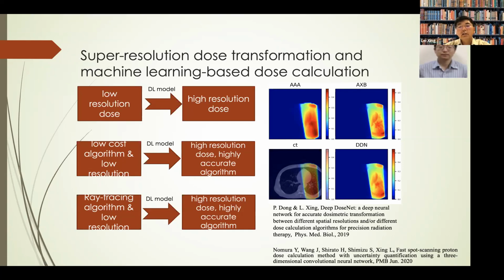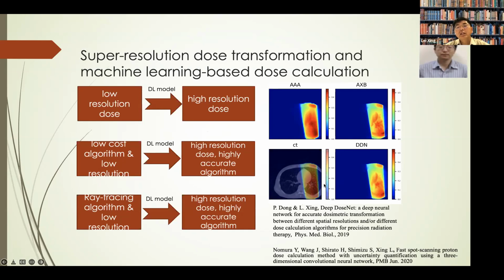So what deep learning can do is really give you a fast calculation engine, right? You can actually get a high accuracy, but yet with a high speed. So this is how we can do it. The idea here is you can calculate on an undersampled spatial resolution, and then you use deep learning to map that, right?